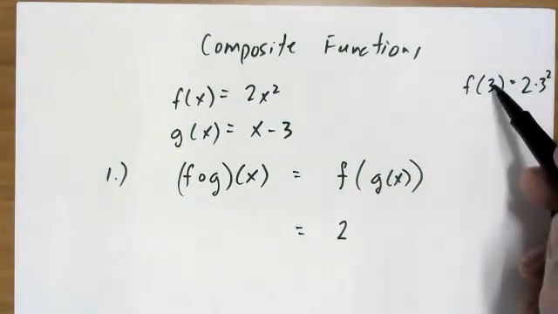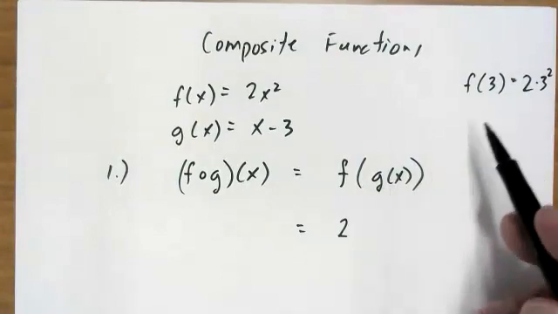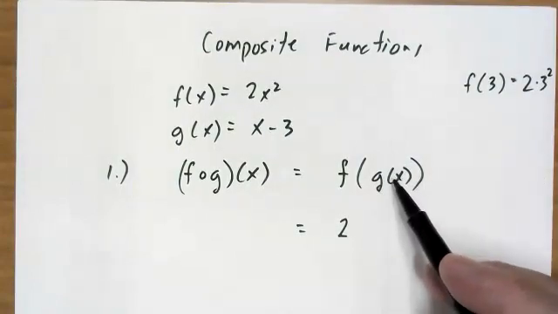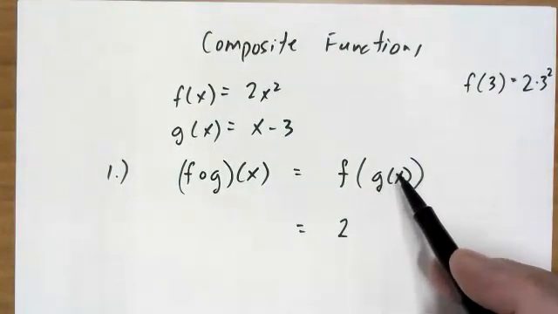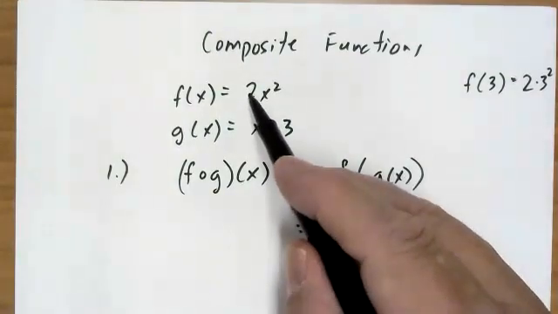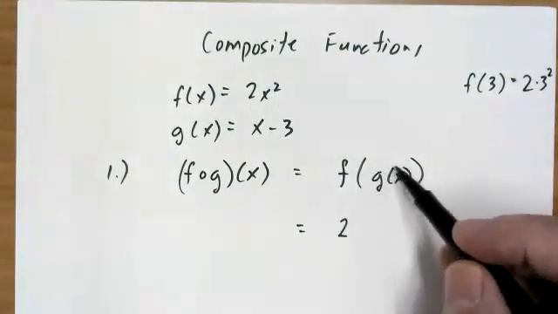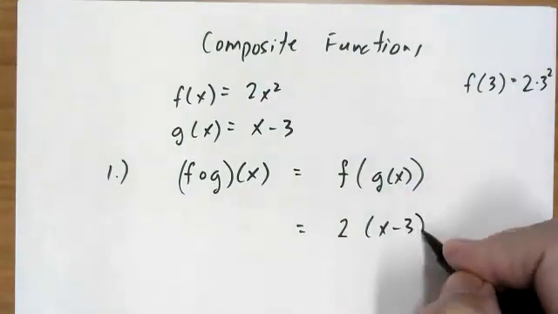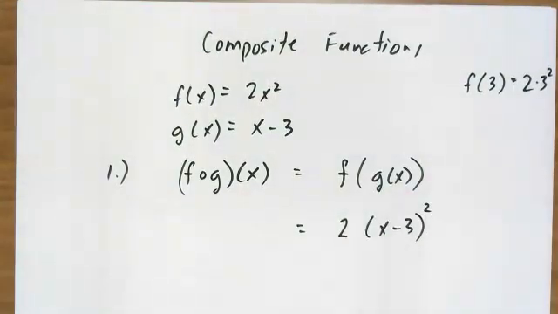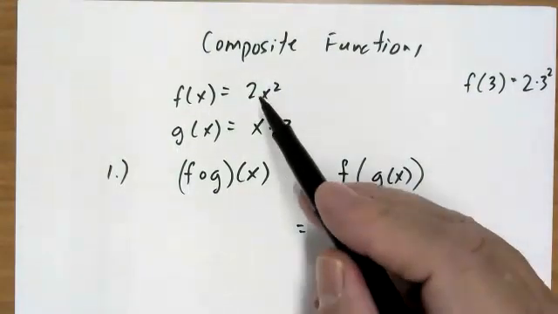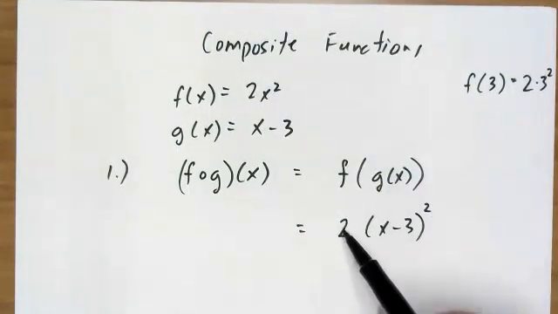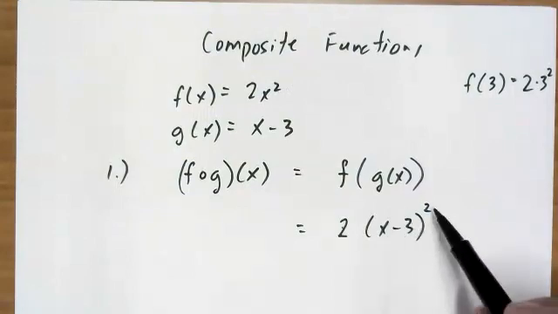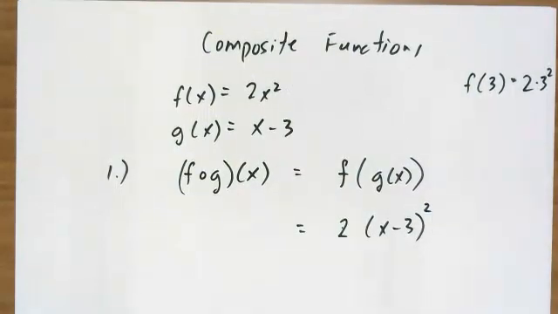Well, instead of putting a number in here, I'm going to replace the x with a function. So here's my f function, 2 times x squared. The x becomes the g function. So 2x squared becomes 2 times the g function squared. So that's what a composite function is.